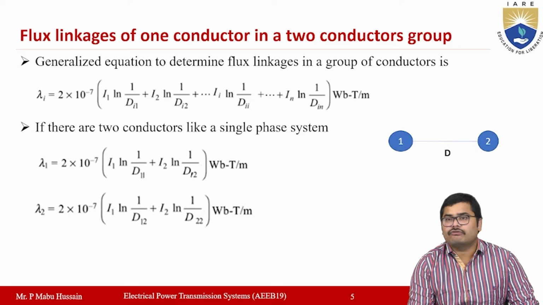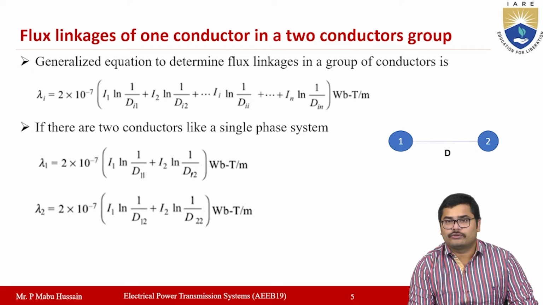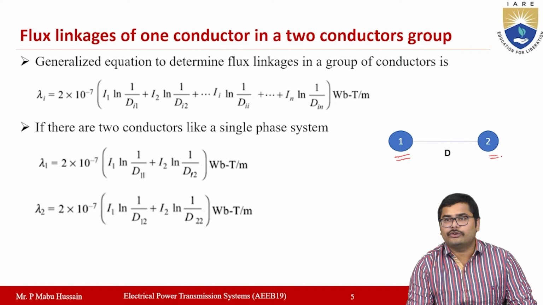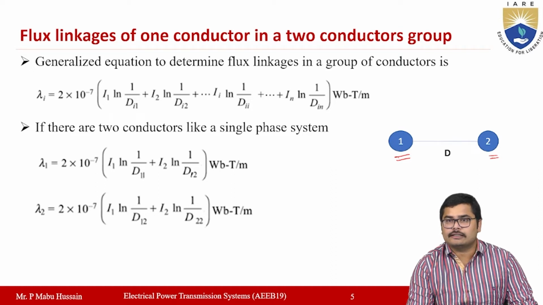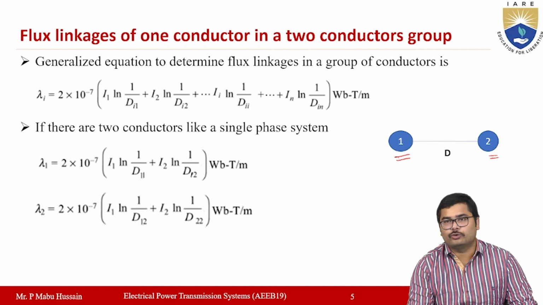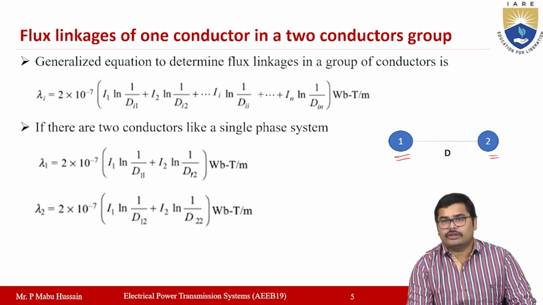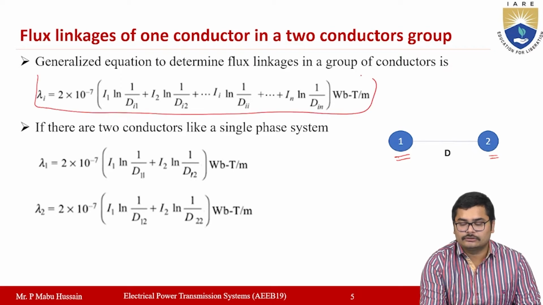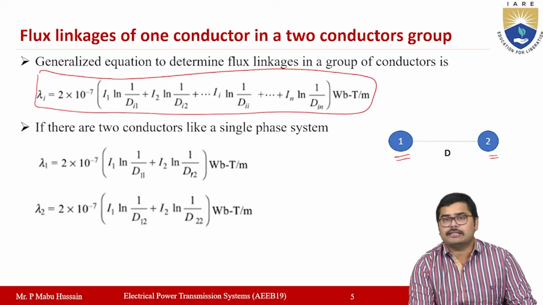So the flux linkages of one conductor in a two-conductor group. We are taking only two conductors, 1 and 2 here. Now we are going to develop the flux linkages equation of one conductor in this two-conductor group. So how can we write it? The generalized equation is this one, which we derived in the previous slide.